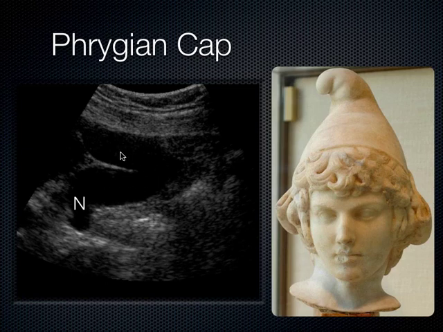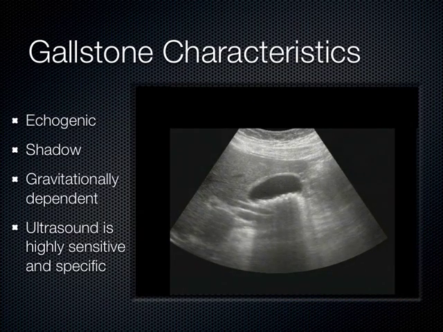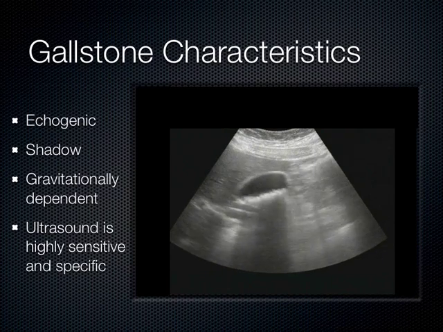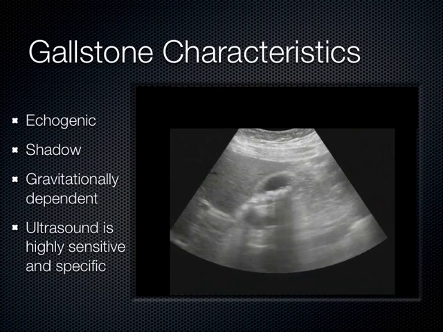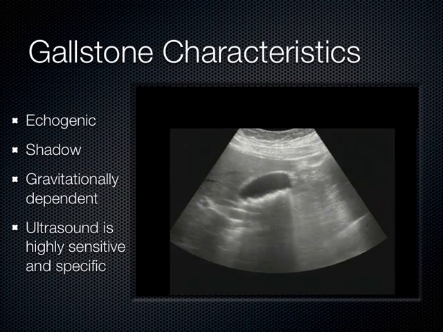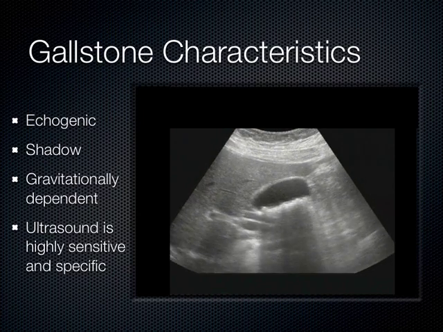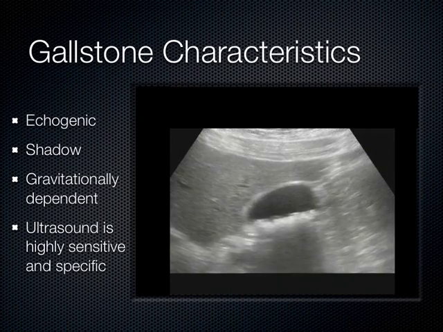Does that make sense? Now, gallstones themselves are cool because they're very echogenic. They're dense structures, they're echogenic, and so when sound encounters them, the sound gets attenuated and reflects back, and what results is a shadow. And so gallstones shadow, and they're gravitationally dependent. As you move the patient around, the gallstones move around, okay?